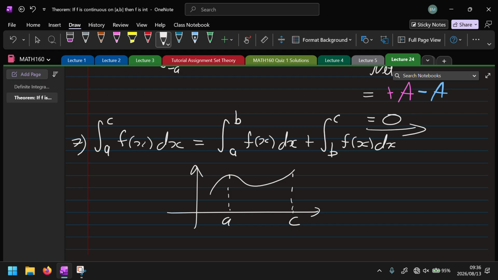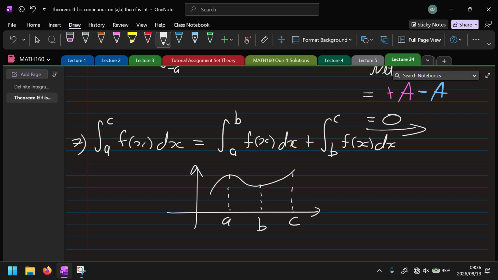So what we could do is pick some B over there. Let's say it's somewhere in between. It could even be over here, but let's not make it too confusing. So we pick some B in between here. What is that first one? Integral from A to B. Remember, it's just an area.